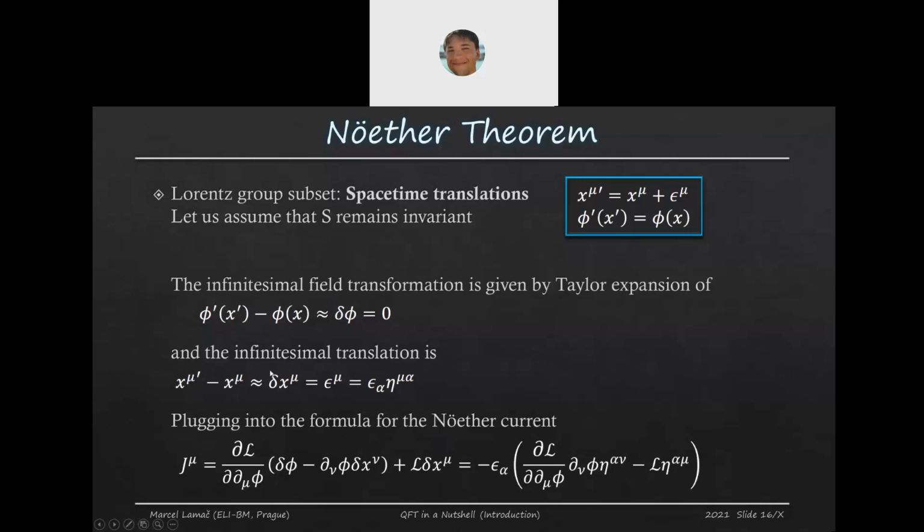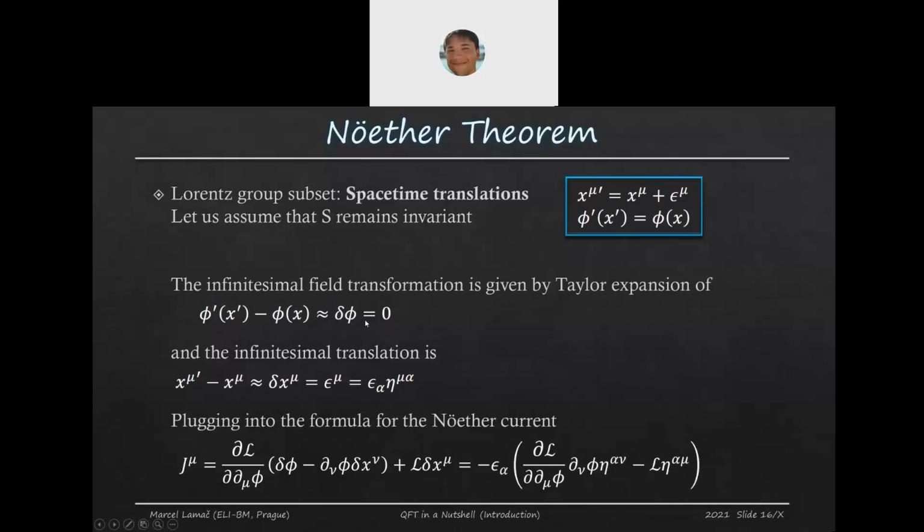So first, let's calculate the infinitesimal field transformation. The infinitesimal field transformation is simply the first order term in the Taylor expansion of the difference of the transformed field and the non-transformed field. That's as simple as that. Since the difference of these fields is zero, because the transformed field is exactly the same as the non-transformed field, then the infinitesimal transformation is equal to zero in all orders.